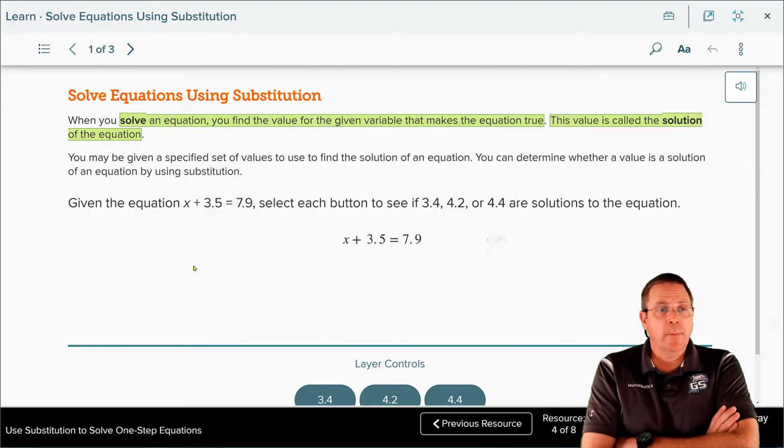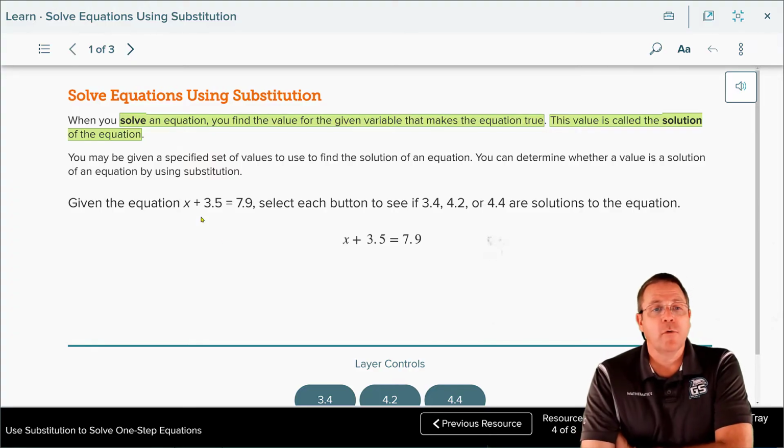So for this problem, they give us the equation x + 3 5/10 = 7 9/10, and they want to test 3 4/10, 4 2/10, and 4 4/10 to find out whether or not they are valid answers for x.